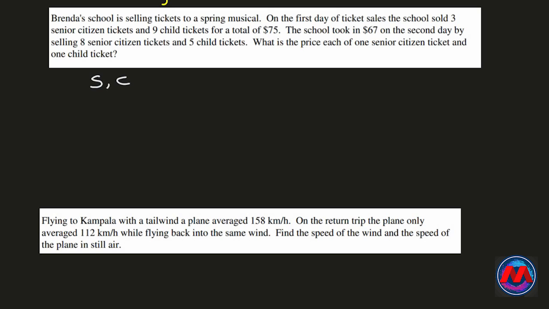On the first day, 3 senior tickets, that's 3S plus 9 children, 9C. At ang total daw nito ay $75. Now, sa second day, sabi dito, 8 seniors yung nabenta nila, 8 senior citizen tickets, plus 5 children.